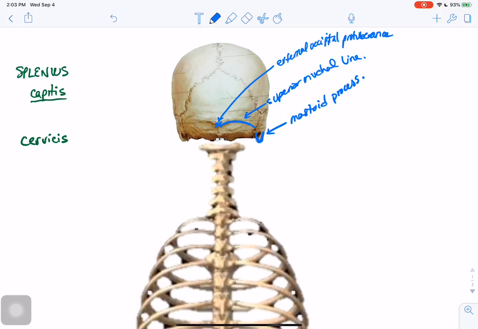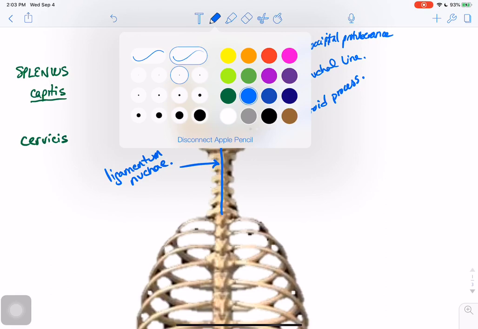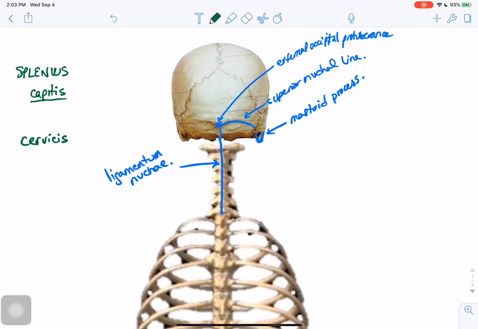And connecting to the external occipital protuberance is a ligament called the ligamentum nuchae that connects the spinous processes of all the cervical vertebrae, goes up to the occipital bone, and runs on that ridge on the posterior part of the occipital bone, and that is the ligamentum nuchae.